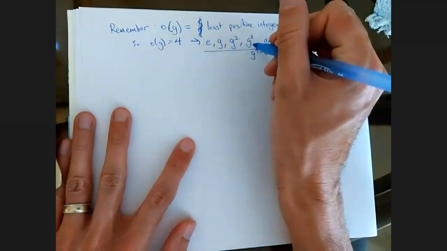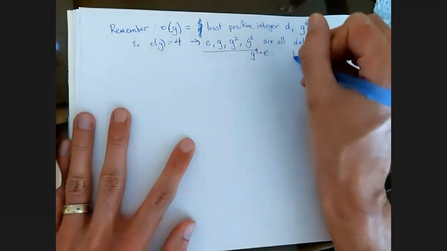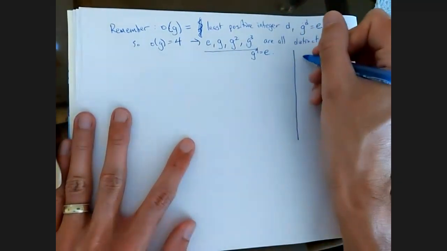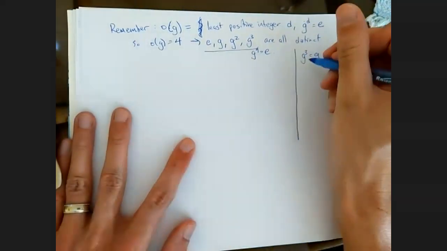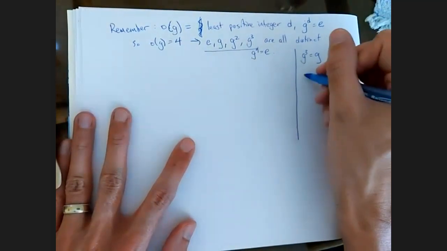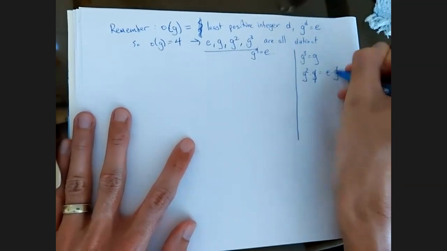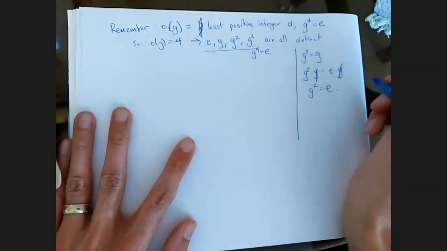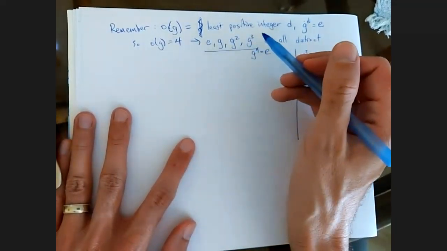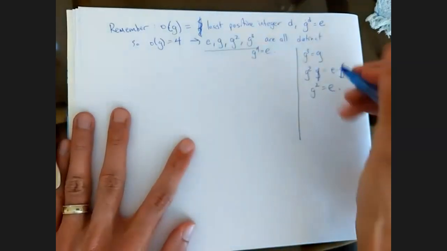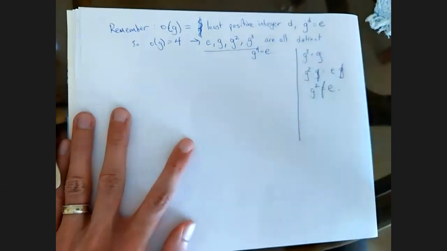For example, how do you know g cubed is not equal to g? Well, some scratch work: if g cubed equals g, then we can cancel g's on both sides, and we get g squared times g equals e times g. Cancel g, and you just get g squared equals the identity. That would mean that the order of g would be 2, but we've assumed that the order is 4. So that's not true, which means g cubed is different from g.